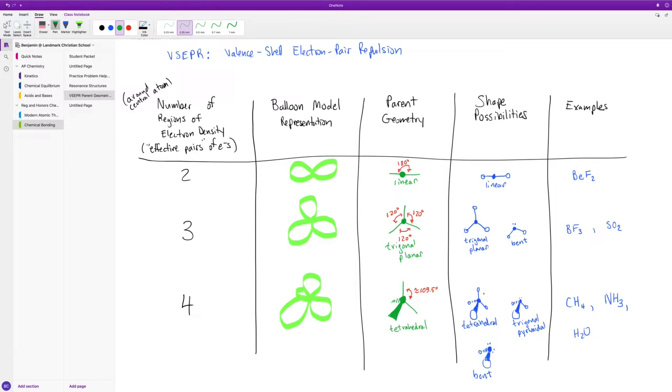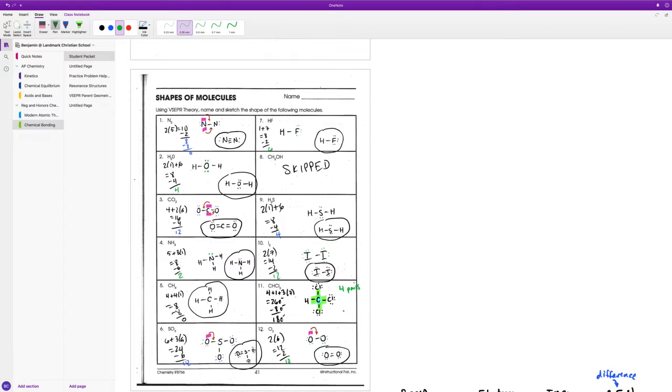Now, there are actually 4 atoms bonded to the central atom, 3 chlorines and a hydrogen. So the actual molecule is going to be tetrahedral. There's 4 pairs of electrons with 4 atoms actually bonded with the central atom. 5 atoms total, but 4 atoms bonded with the central atom.